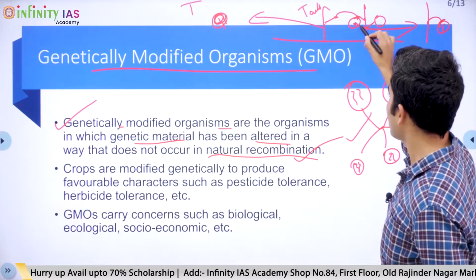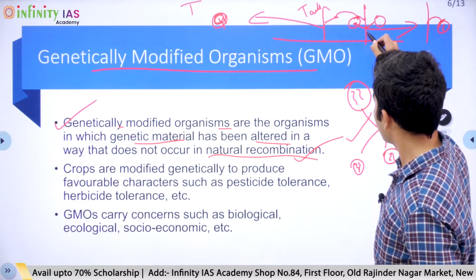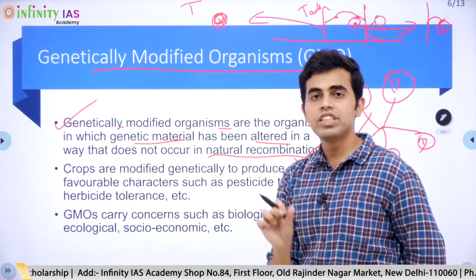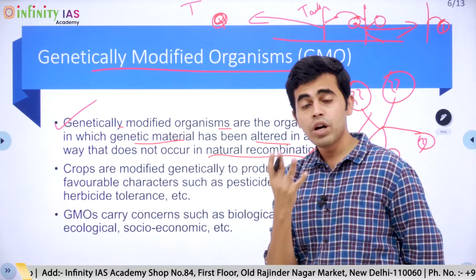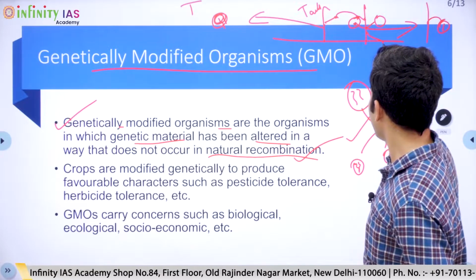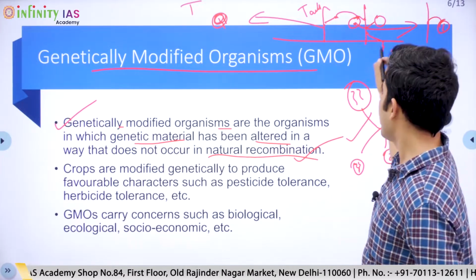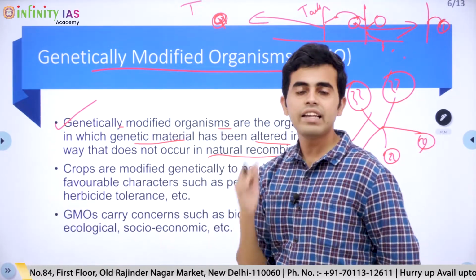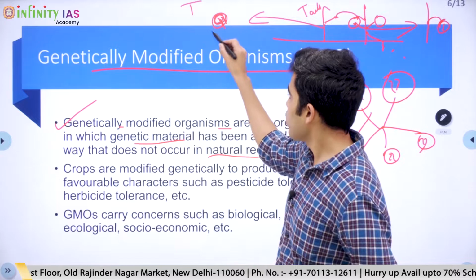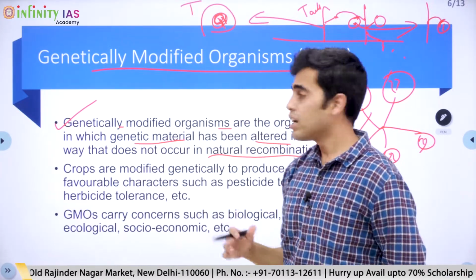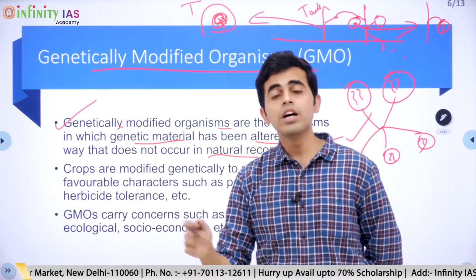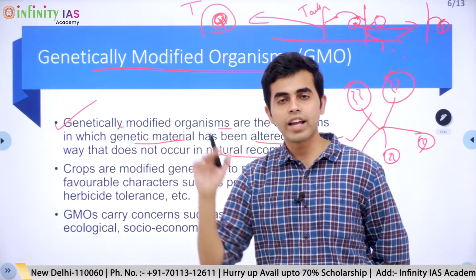Next, from the other plant we separate the gene that gives rise to the sweeter fruit. We take this gene and introduce it into this seed artificially in a lab. Now this seed becomes a genetically modified organism, and the plant it gives rise to is a genetically modified organism.